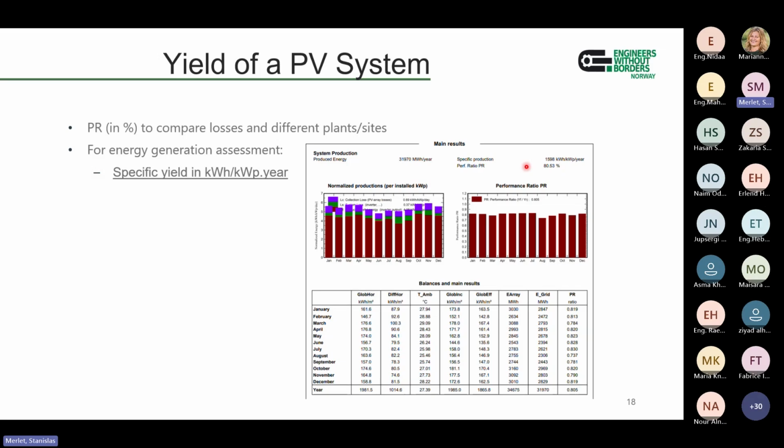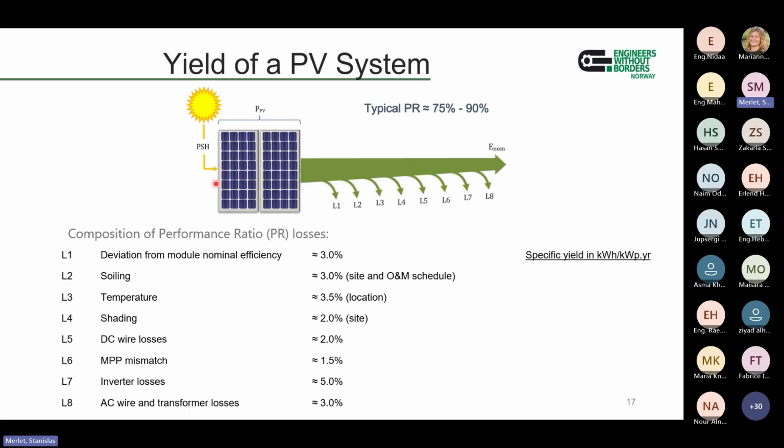And the performance ratio. So performance ratio is just a sum of the losses. So it actually allows you to compare two different systems in two different locations, for example, because the irradiation is not included in there. The performance ratio starts here when the module is on, and it's just a sum of losses, if you know what I mean.